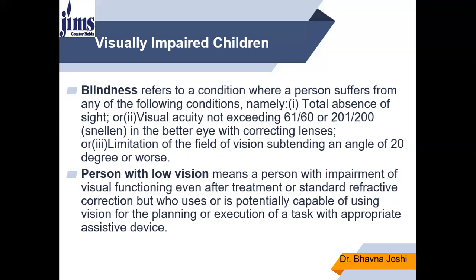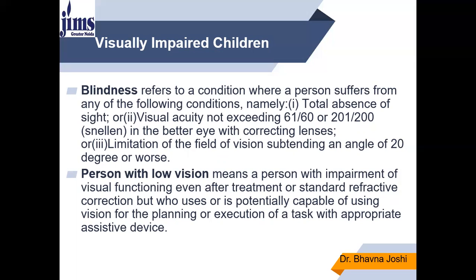Now, persons with disability, low vision means a person with impairment in visual functioning after treatment or standard refractive correction, but who uses or is potentially capable of using vision for the planning and execution of a task with appropriate assistive devices.